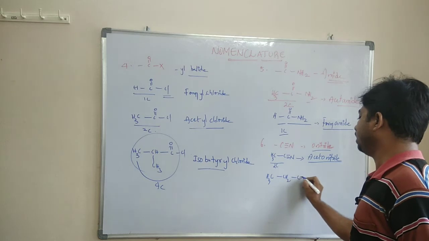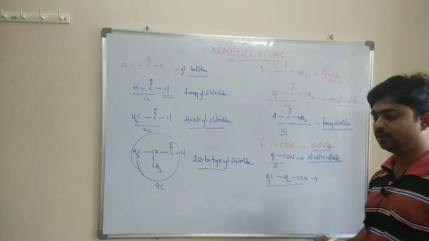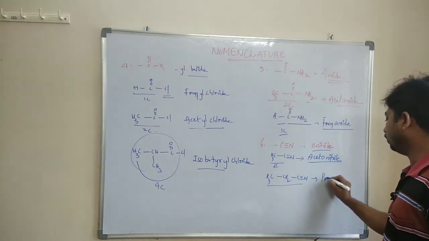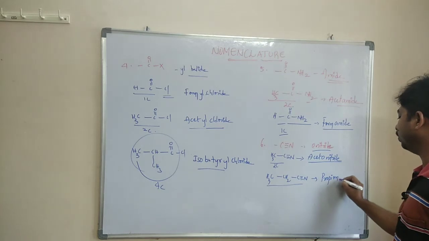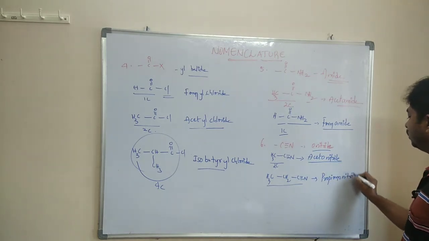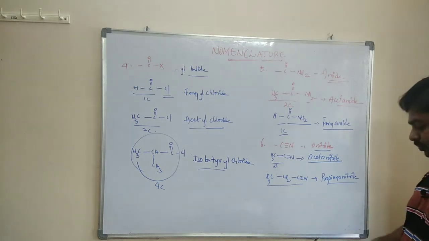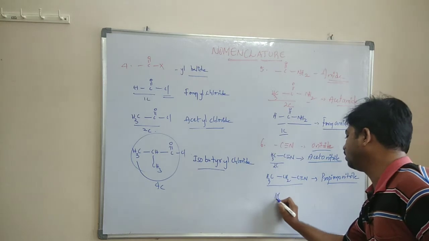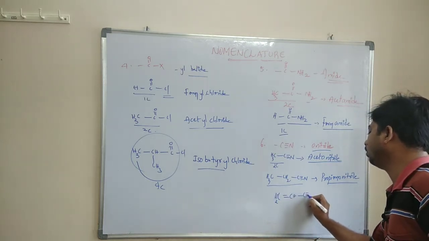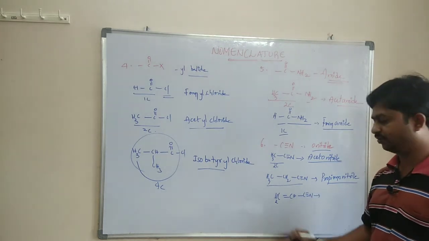If CH3 CH2 C triple bond N, what is the name of this one? It has three carbons. So the word root is propione. Propione. So the suffix is onitrile. The name becomes propiononitrile. If CH2 double bond CH C triple bond N is present as the example, what is the name of this compound?